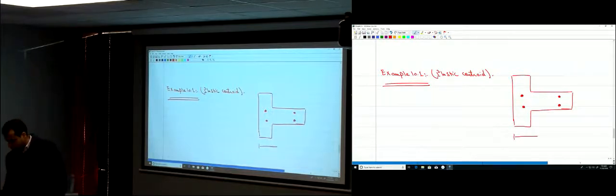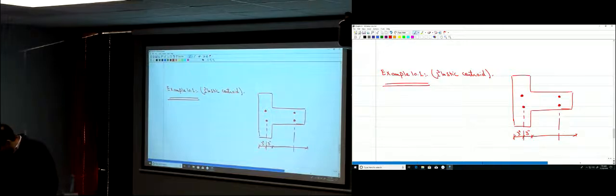The dimensions: over here is 3 inches and 3 inches, and then this part is 3 inches and this is 5 inches, and then for the other side, this is 4 inches, 8 inches, and 4 inches.